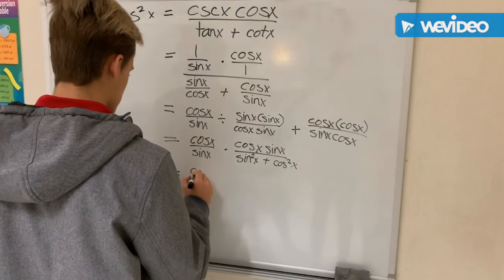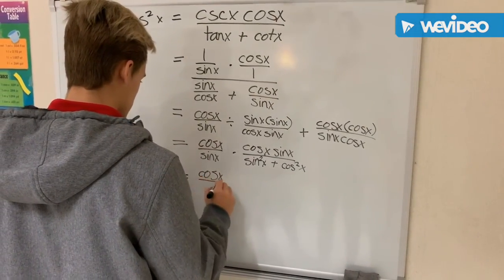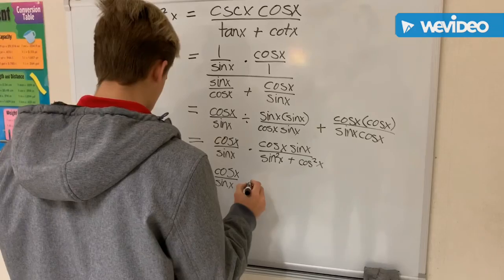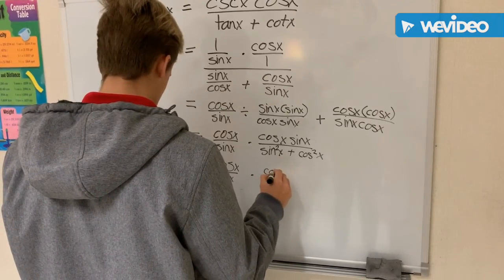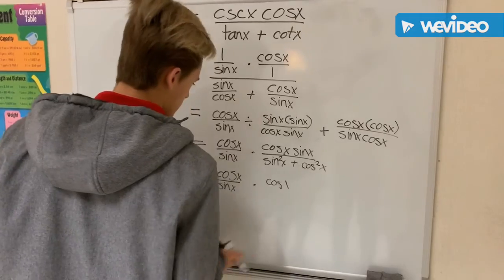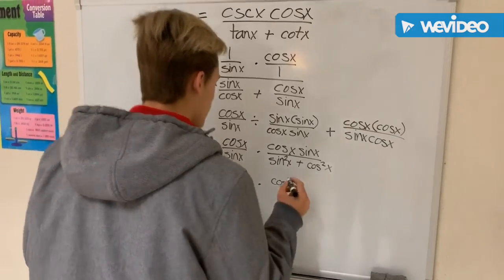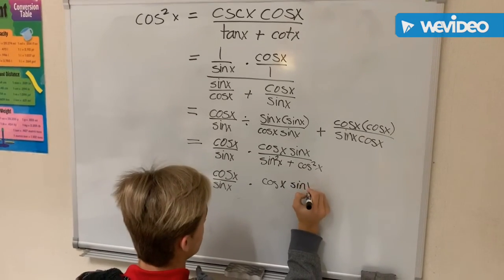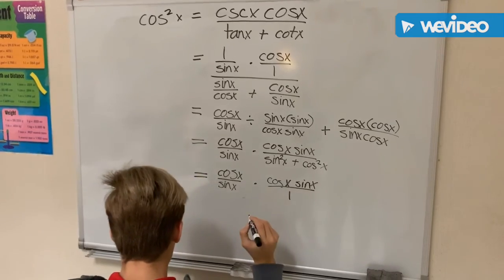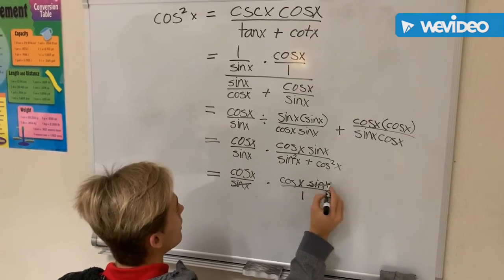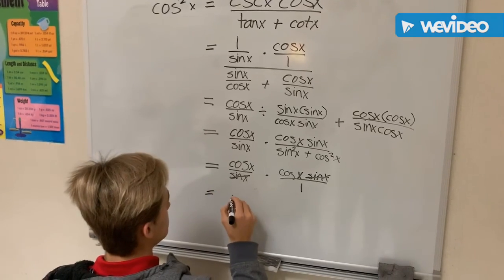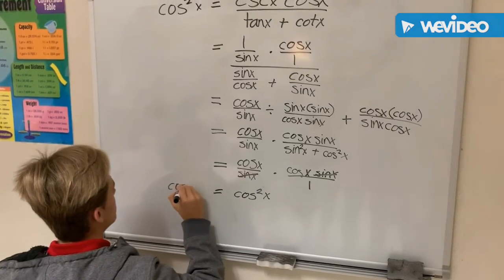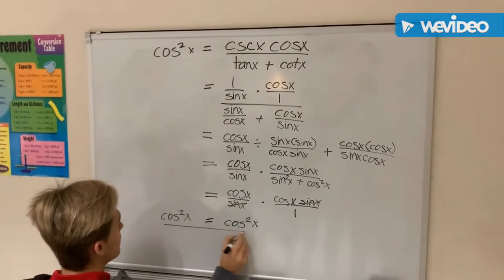So now the problem becomes cosine x over sine x multiplied by cosine x sine x over 1. Now we can cancel out the sine x's, and we're left with cosine x over 1 times cosine x over 1, which is equal to cosine squared x. Now cosine squared x equals cosine squared x.